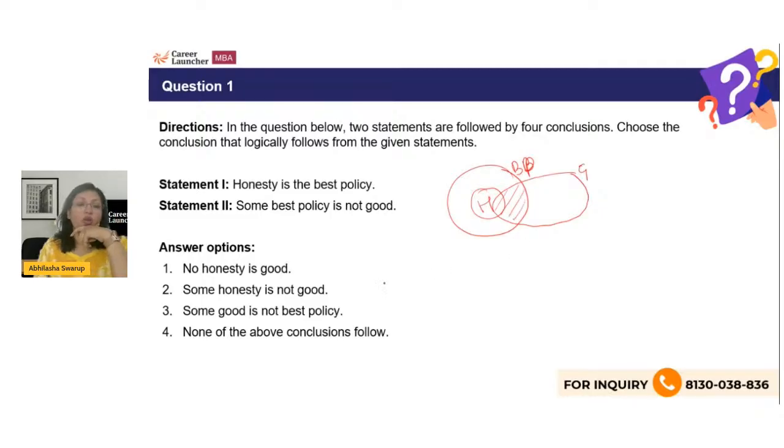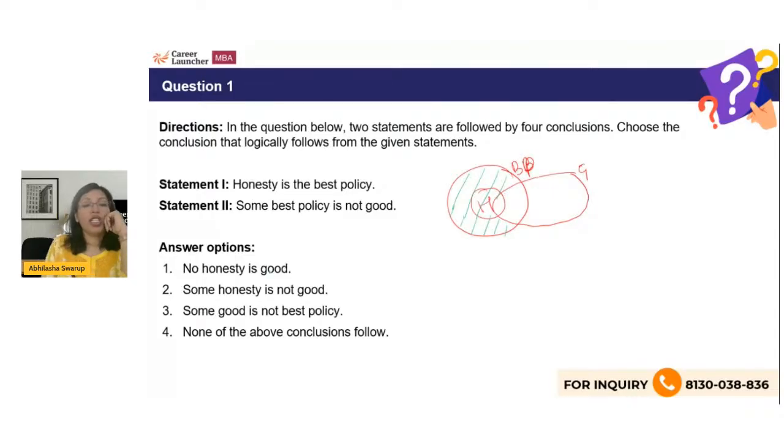Okay. Oops, sorry. Let me erase this. My bad, guys. Here is the best policy which is not good. Right? Okay. So let's take a look.